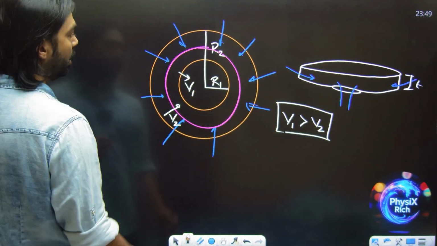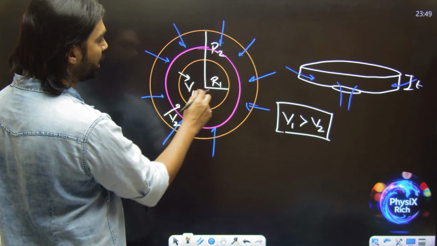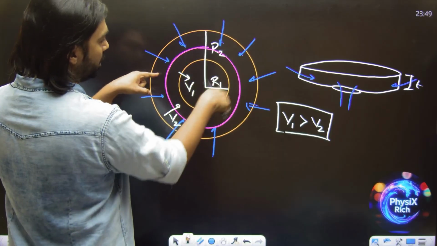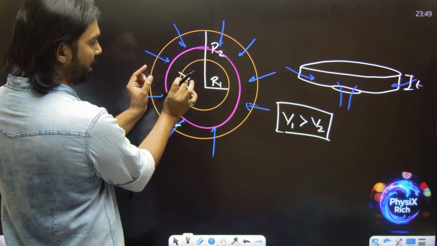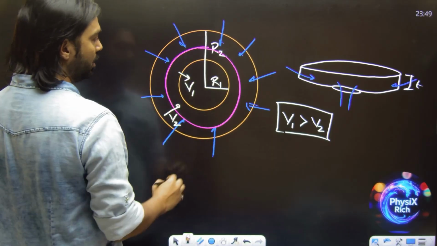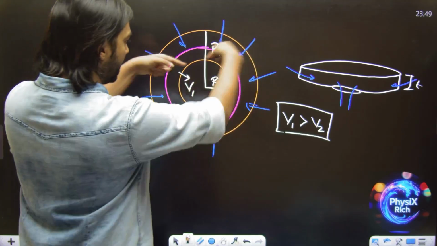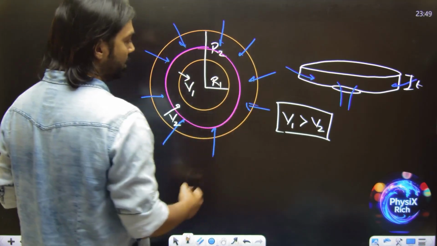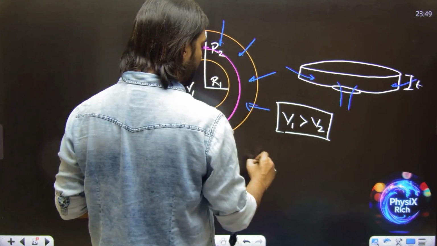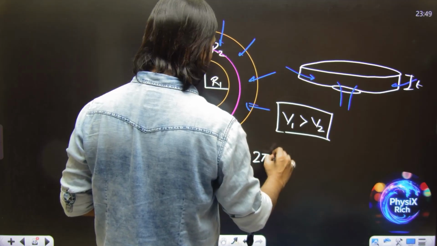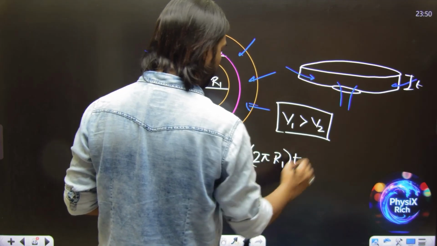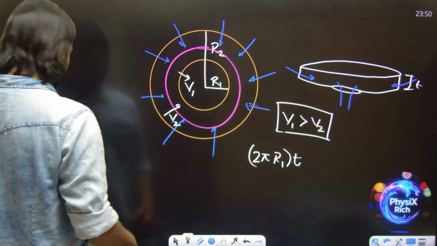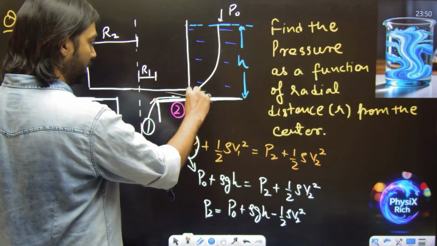So, we already know V1, and we know that V1 is flowing through this very thin cylinder. What will be the area through which this V1 will be flowing? This area for V1 will be 2 pi R1 times T. Can you see that the thickness is T?